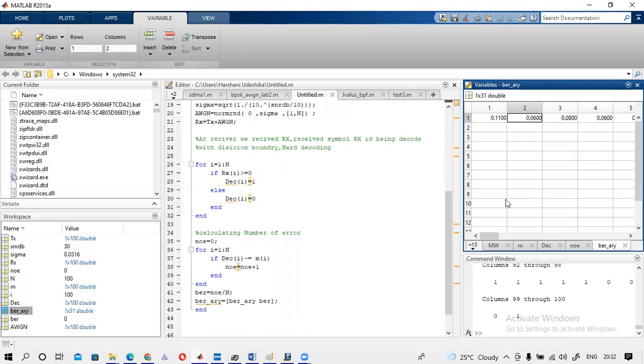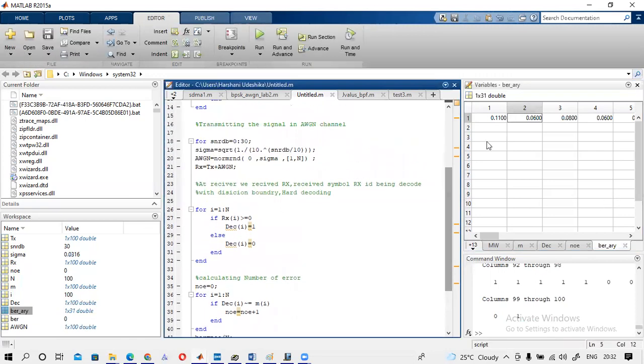So here, when the SNRdB is 0, it calculates this bit error rate. When SNRdB is 1, it calculates this bit error rate. And this is SNR value 3, 4.